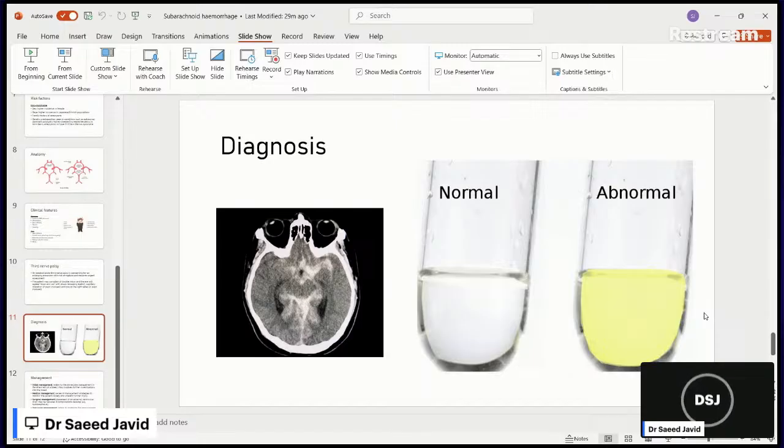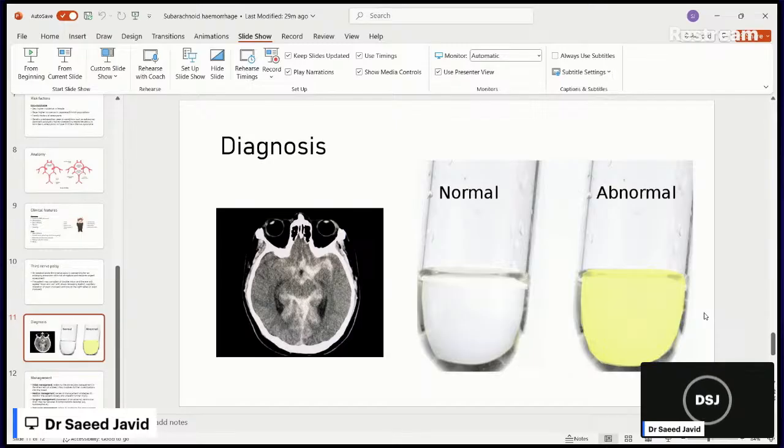But then what happens is over time, and particularly in that 12-hour window that we delay the LP for, that oxyhemoglobin is actually converted to bilirubin, which has the yellow pigment. And actually, the breakdown products of your red blood cells breaking down, so your xanthochromia and your bilirubin, these are going to be discoloring your CSF, making it yellow, and essentially confirming or excluding a diagnosis of a subarachnoid hemorrhage.